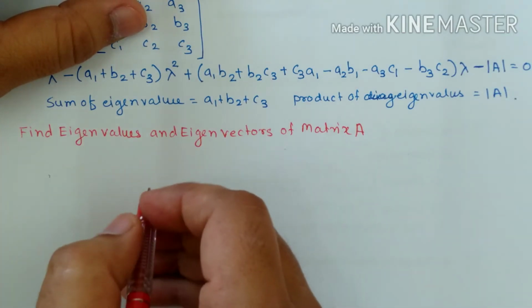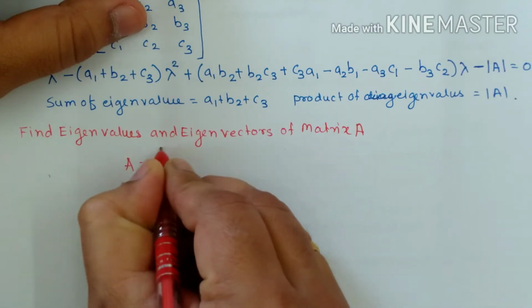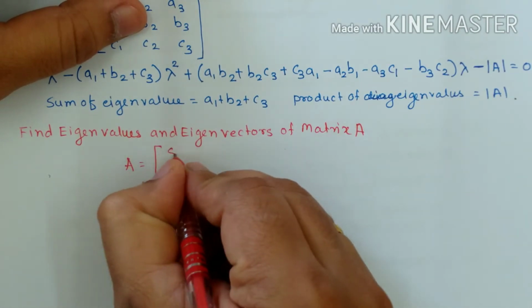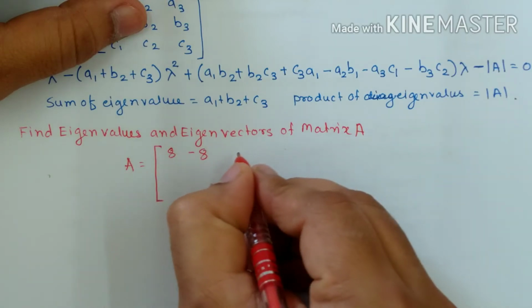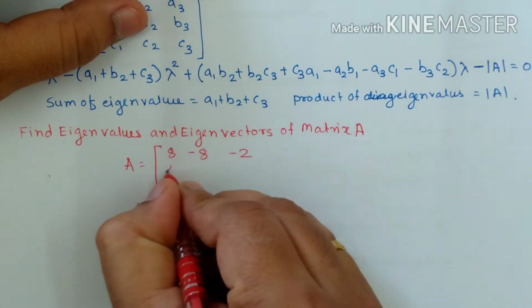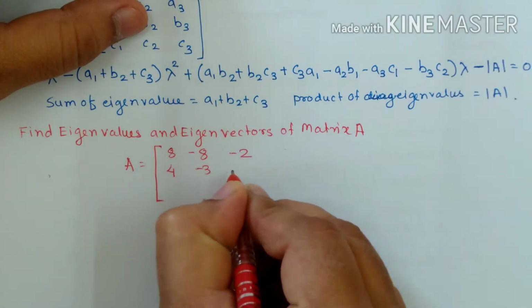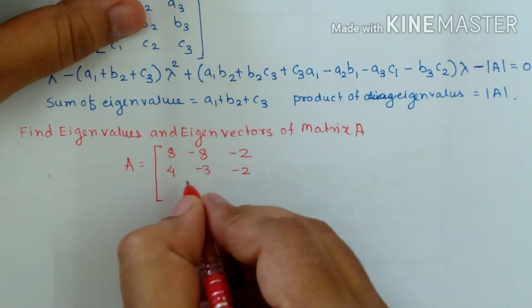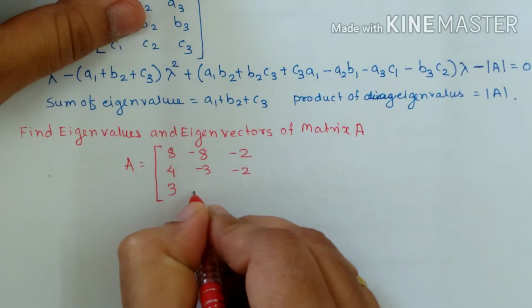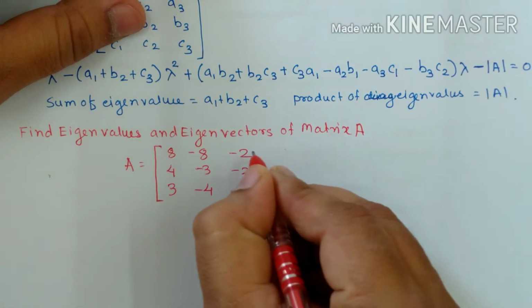In all the directions the question is the same. The matrix is 8, minus 8, minus 2, 4, minus 3, minus 2, 3, minus 4, 1.